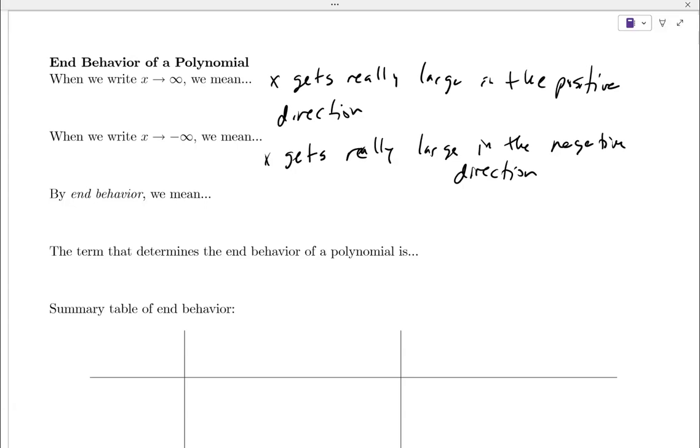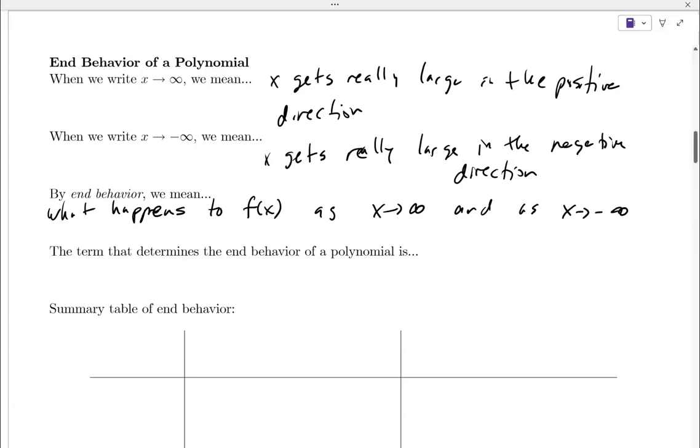By end behavior, we mean what happens to the outputs, f of x, as x goes to infinity and as x goes to minus infinity. This is just math speak for how your tails are going to point, and we're going to write it with math symbols.